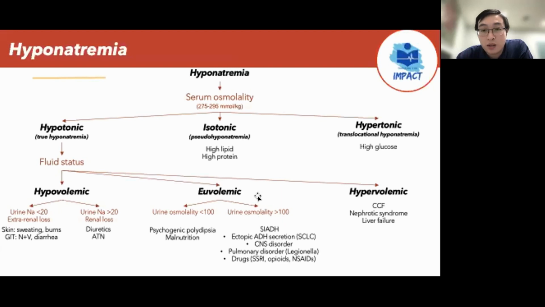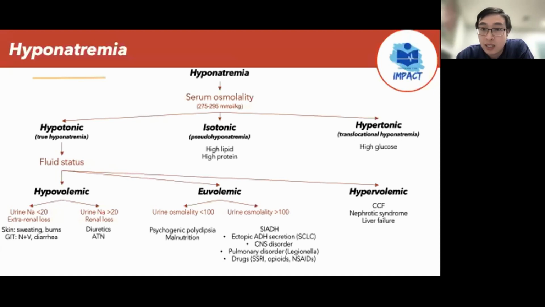But the most interesting one is when the urine isn't dilute. And there's only one main cause of this kind of euvolemic hyponatremia, and that is what Wei Chung was suggesting, SIADH. And SIADH is the opposite of diabetes insipidus. So SIADH is the posterior pituitary pushing out too much vasopressin, or ADH.